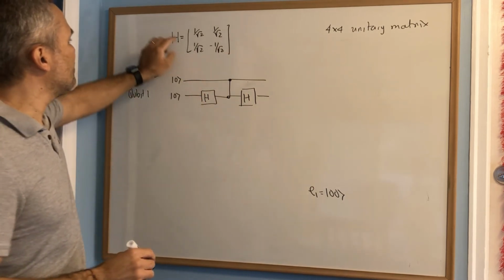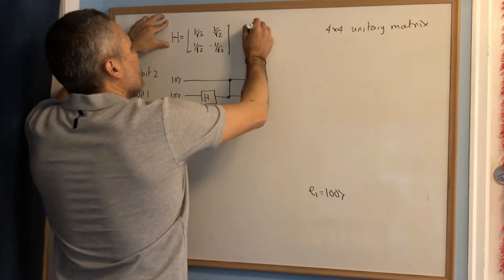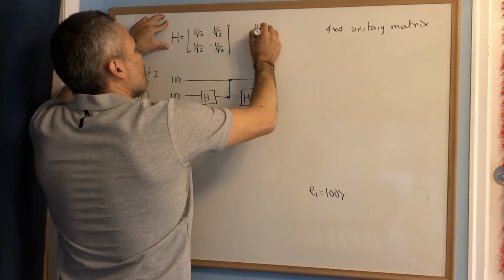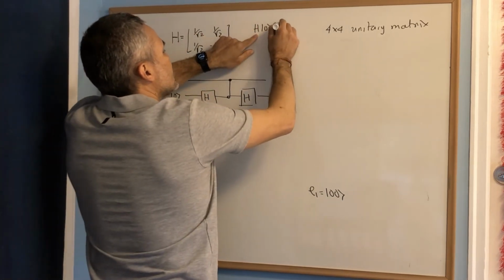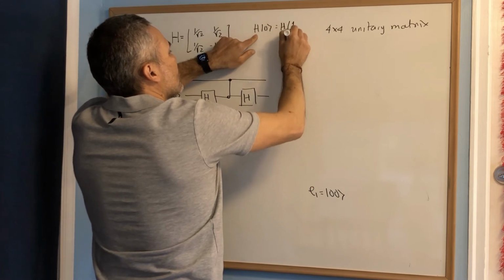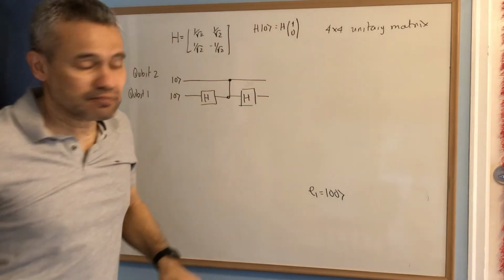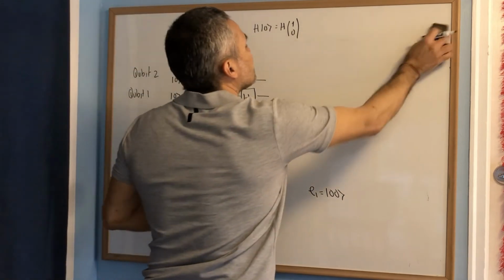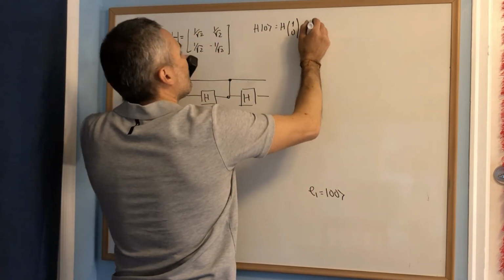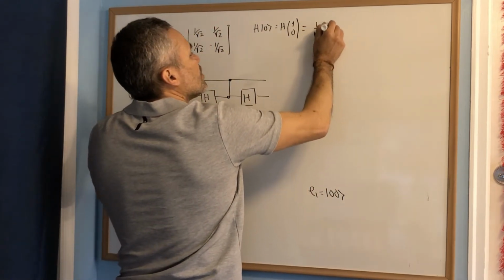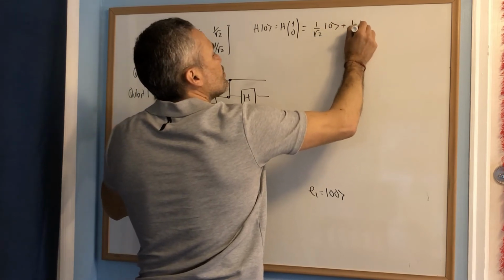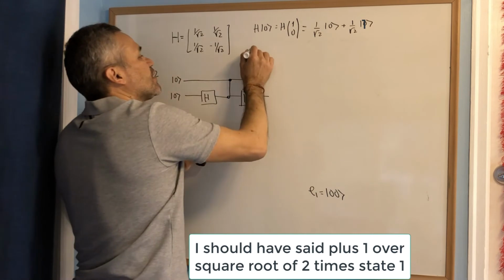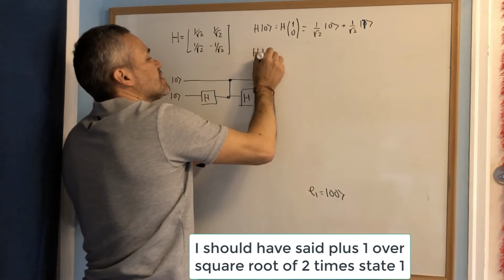Before doing that, let me remind you that if we do H of this state, what do we get? We get H of the vector 1, 0, and then we get 1 over the square root of 2, 0, plus 1 over the square root of 2, 1. And what is H on this state?